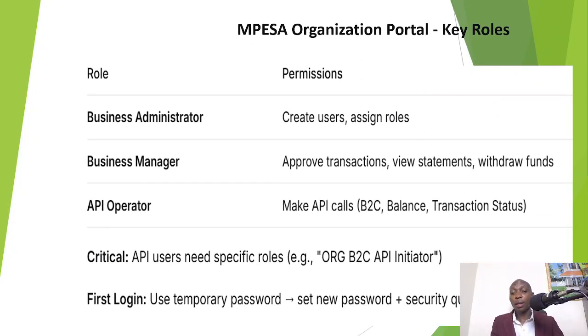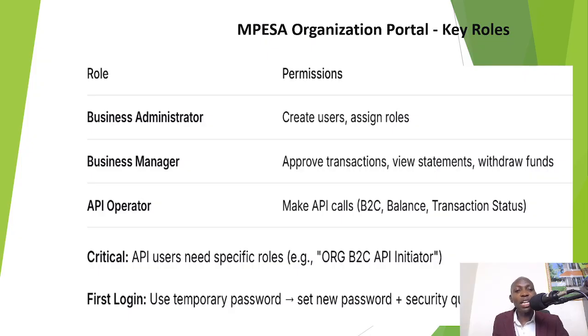So bonus, I want to share some key bonus: M-PESA organization portal key roles. If you are going live, you need to understand this very well. Number 1, business administrator. You need a business admin user, you need a business manager user, you need an API operator for B2C, balance and transaction status APIs.